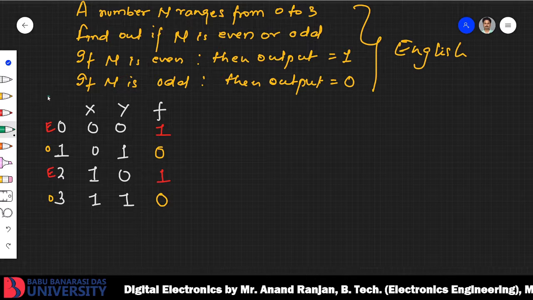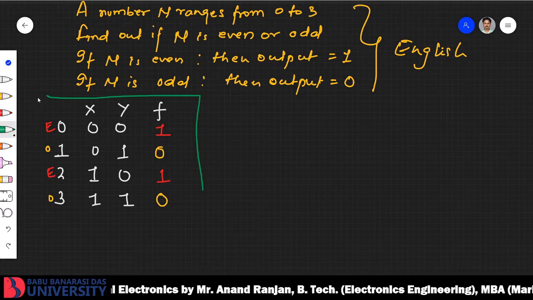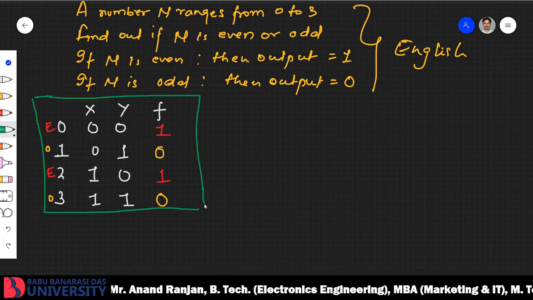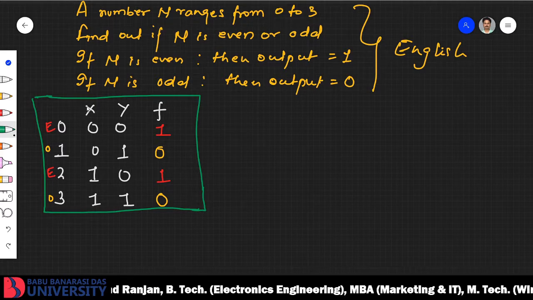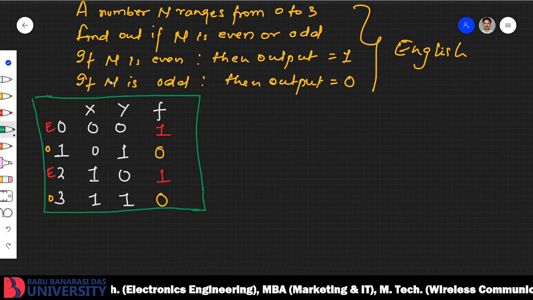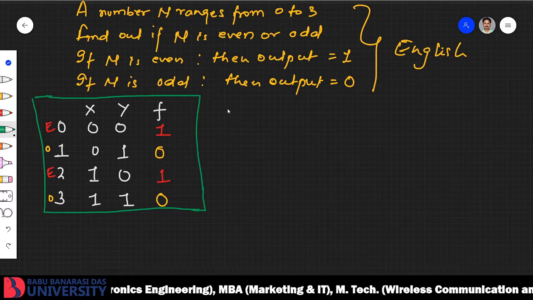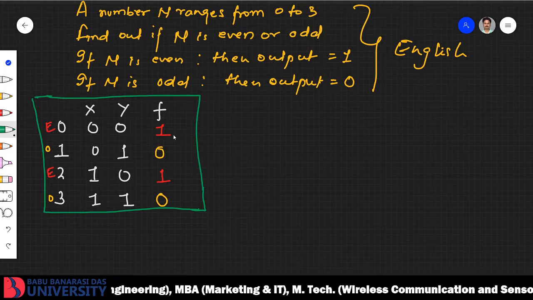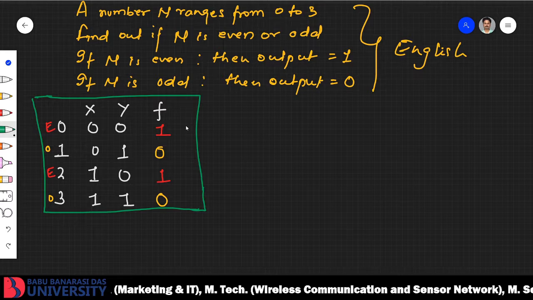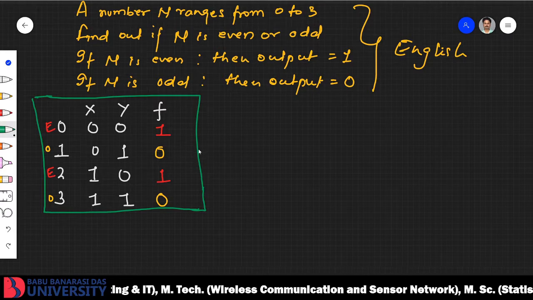This is the truth table to represent the real world problem, which is in English, as the first step towards making this in the digital domain. So here the min-term design and max-term design concept comes into the picture.